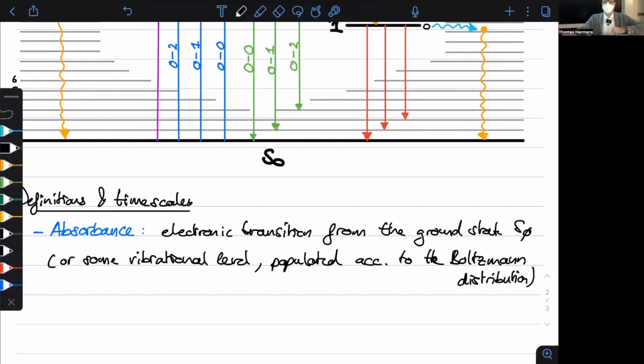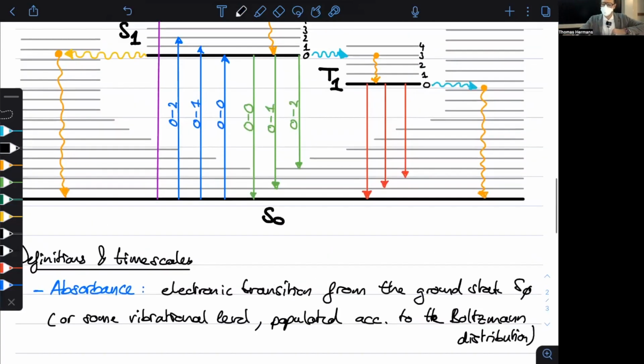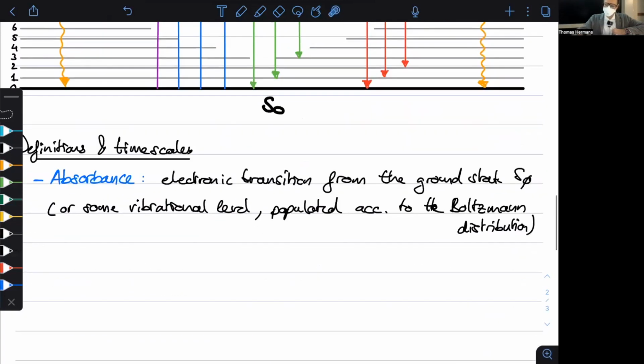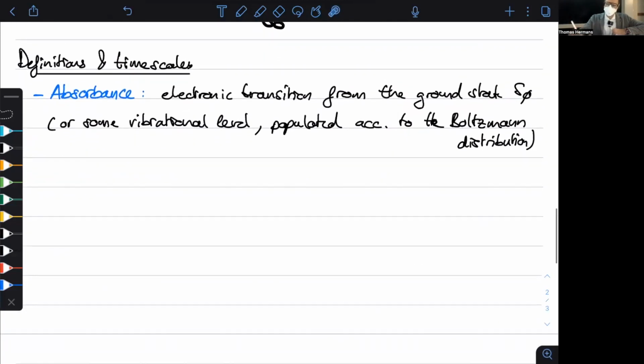right? So we saw in the first class that the Boltzmann distribution actually dictates which of these levels are populated. You can calculate that based on the Boltzmann distribution. And I already said that people also talk about vibronic levels or transitions, which is basically vibrational plus electronic.